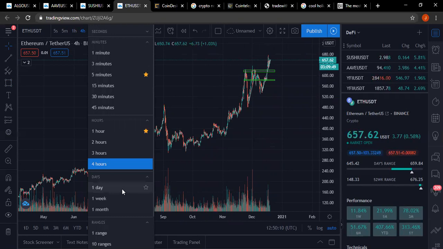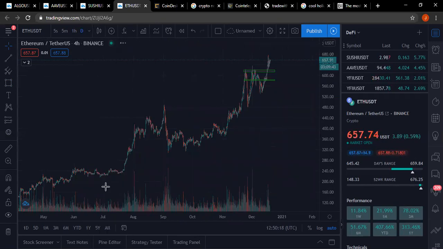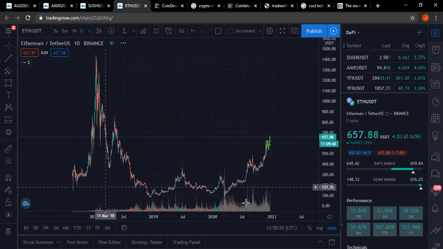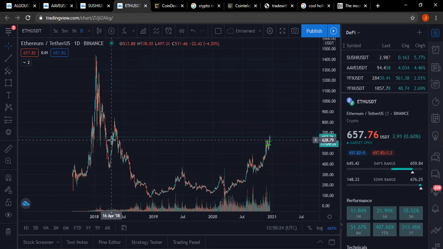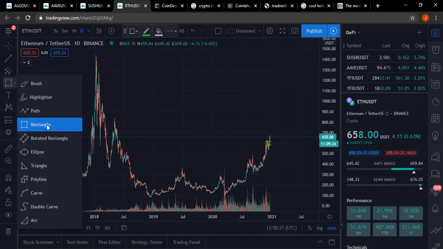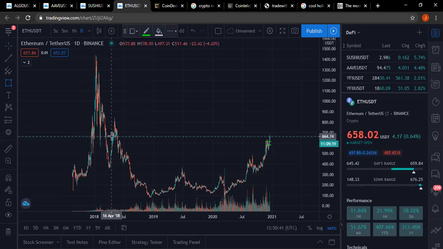The last time Ethereum was at this level was so many months back. Okay, we have one here, which is almost the same thing we drew. We have one here. Okay, there is an important area there. Okay, so there's one here.